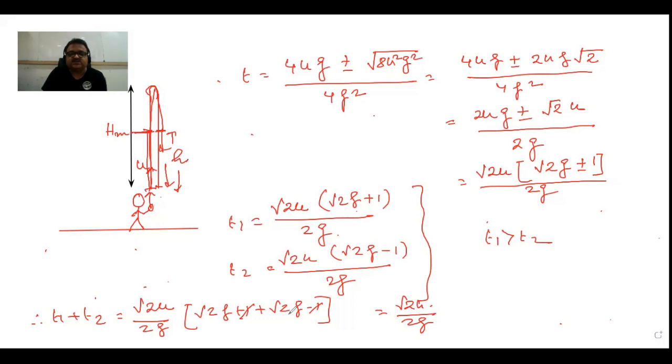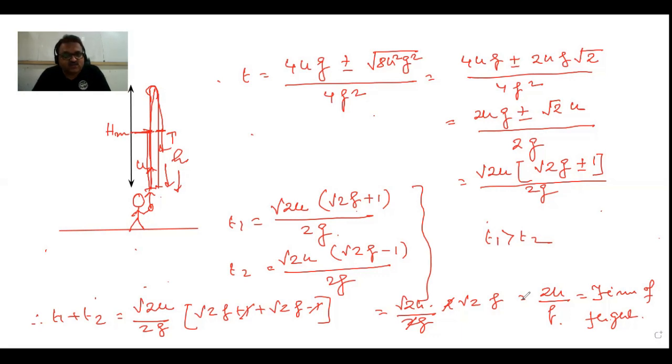The root 2s cancel, and the answer is 2u by g, which is nothing but the time of flight. Is it clear? So this is a very, very important concept, correct? This is how you can find out at what times the ball is at half the maximum height. You will get two values of t, the smaller value during its upward journey, and the larger value at the same height during its downward journey.